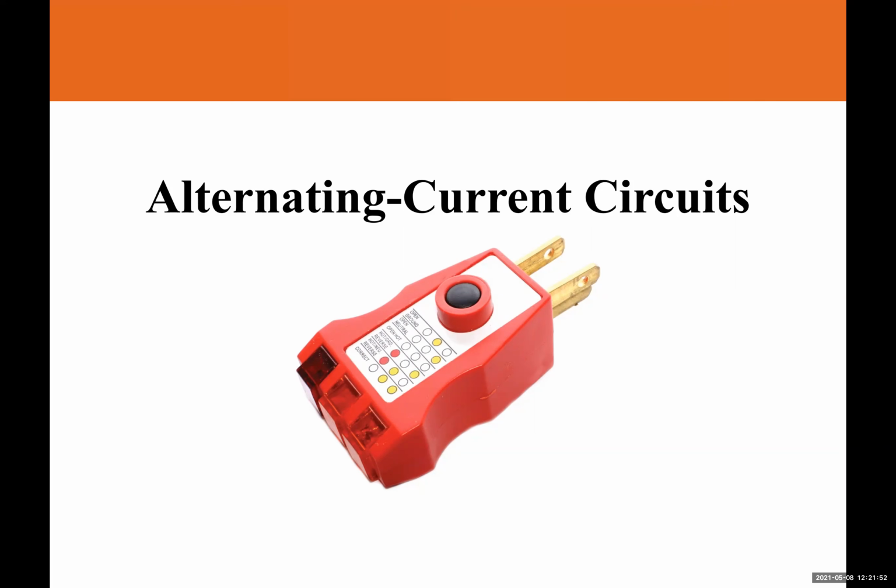In this chapter, we're going to be learning about alternating current circuits, because every time in your house you are trying to connect your phone to a charger or your computer, or basically using your power outlet, you're actually using alternating current circuits, because your household outlets are connected as alternating current circuits.